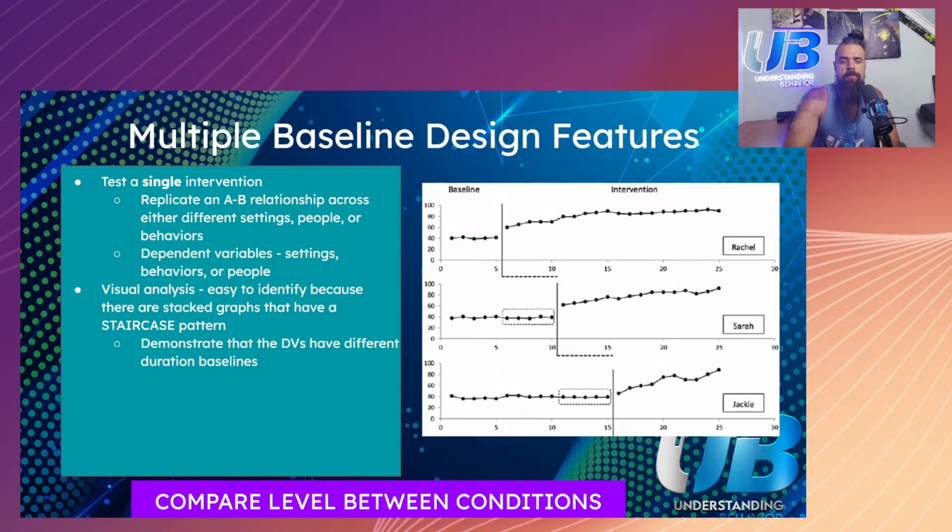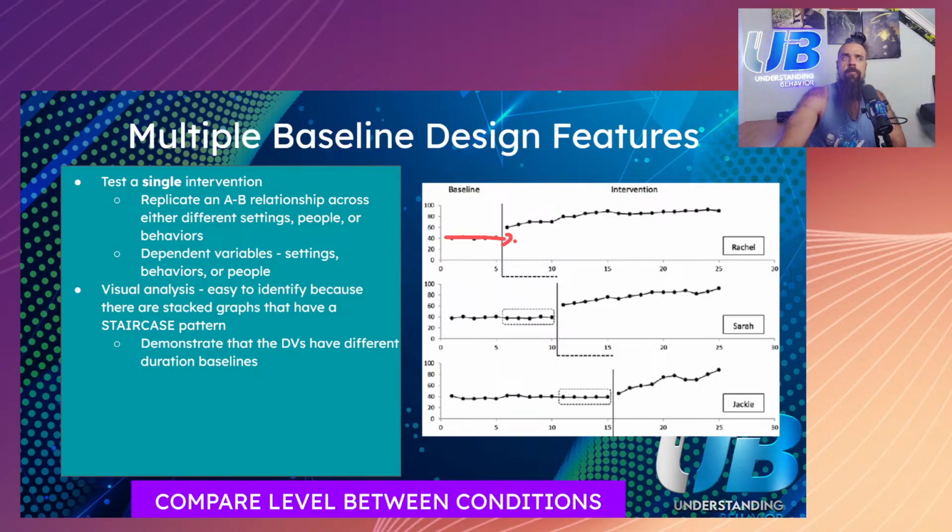So let's talk about prediction, verification, and replication with this one. Related to that, we can make our prediction about baseline conditions as normal. So we have our pretty stable pattern at 40 here. So we would predict, hey, it's probably going to stay at 40 if we implement intervention, but for our second dependent variable.